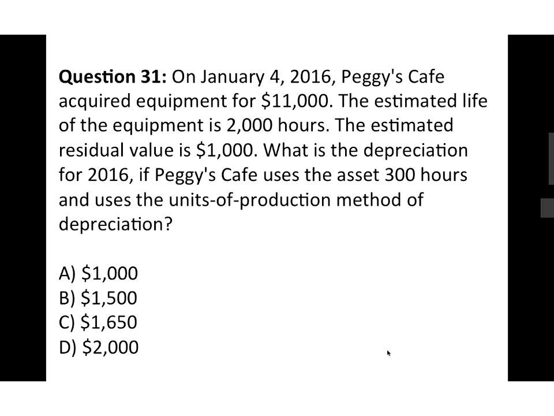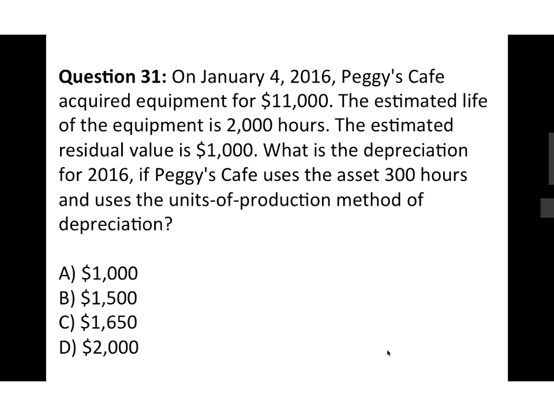Okay, so now we have $5 per hour. That's our depreciation rate. So for every hour that we use the equipment, we're going to have $5 of depreciation expense. So we read further, and it says Peggy's Cafe uses the asset 300 hours.